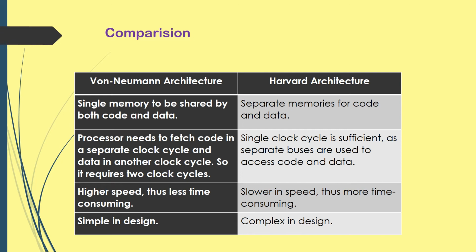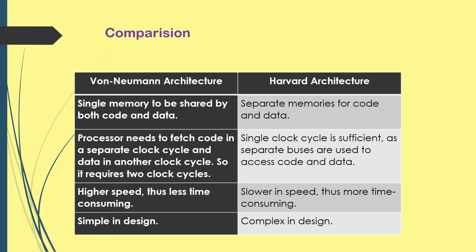In Harvard architecture, a single clock cycle is sufficient as separate buses are used to access code and data. In case of Harvard, higher speed, thus less time consumption. In case of von Neumann, slower in speed, more time consuming. Von Neumann is simple in design. Comparatively, Harvard architecture is a little bit complicated.